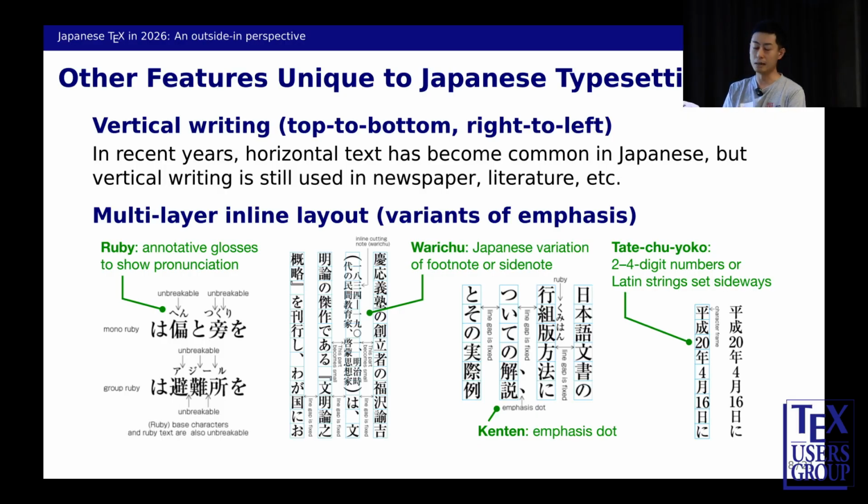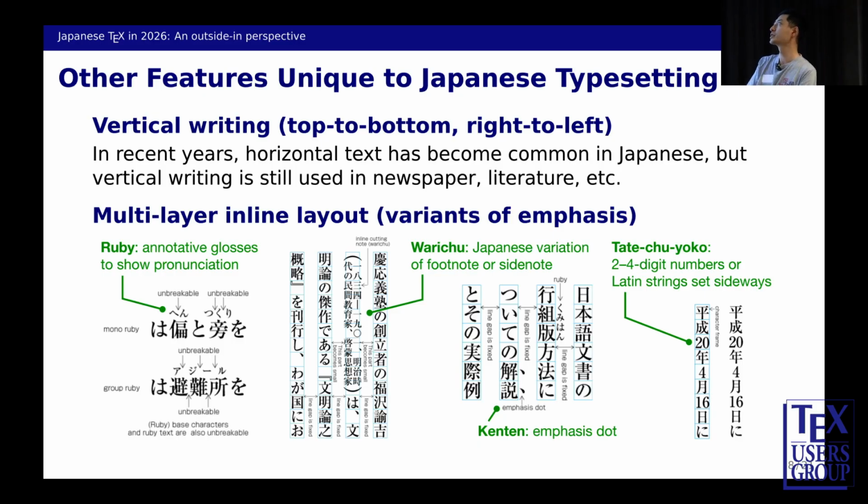And we also have some very specific traditional layouts in Japanese. For instance, we have Ruby, which is an annotation gloss to show the pronunciation of the letters. And we also have a special type of notes, where we put two lines in a single line instead of a footnote or side note, in some cases.